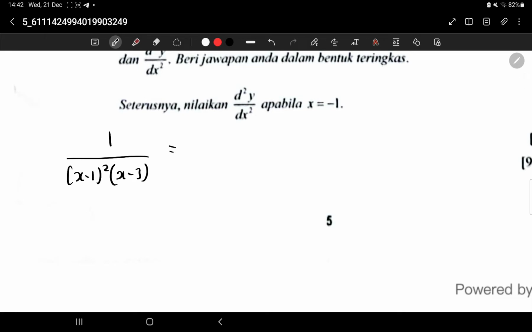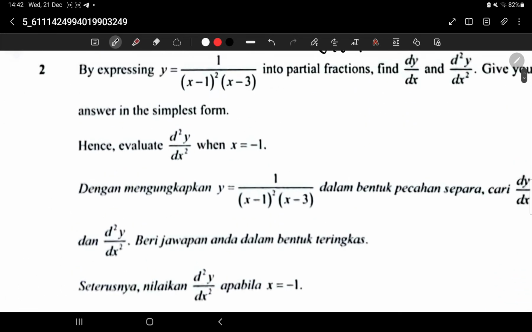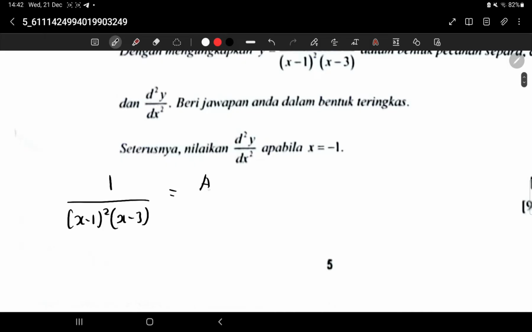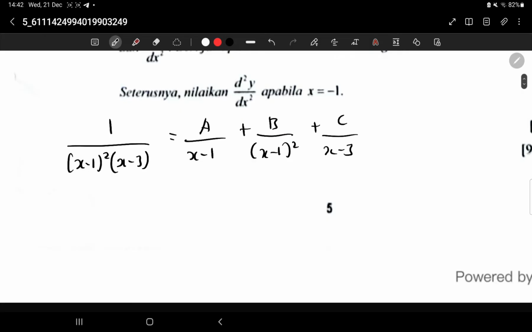Okay, if you want to make it in partial fractions, we should start with a over x minus 1, b over x minus 1 squared, and then c over x minus 3. There are a few ways, but first let me combine these three fractions into a single fraction.